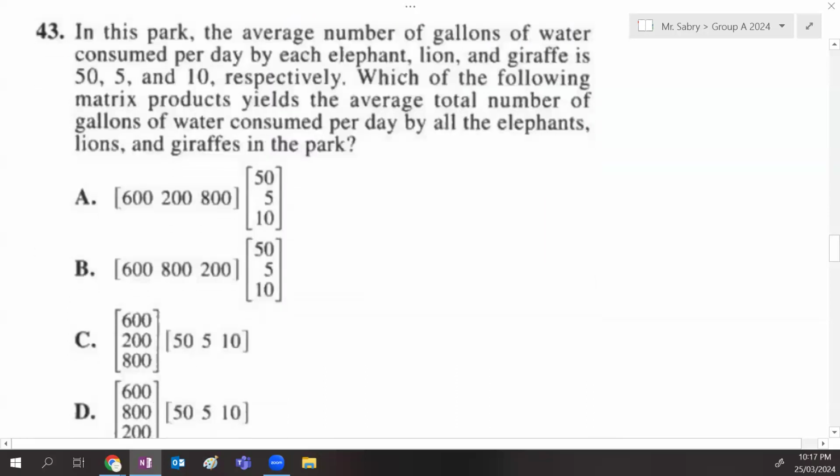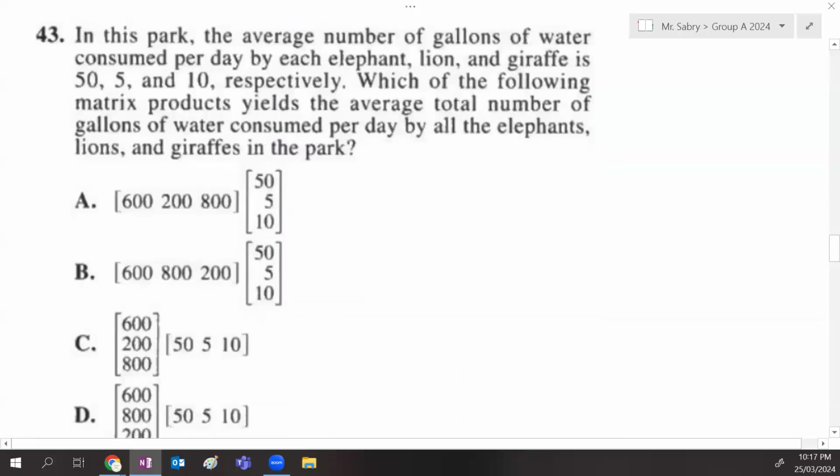In this park, the average number of gallons of water consumed per day by each elephant, lion, and giraffe is 55 and 10. So here's elephant, lions, giraffes, 55 and 10. Which of the following matrix products yields the average total number of gallons of water consumed per day by all elephants, lions, and giraffes in the park?